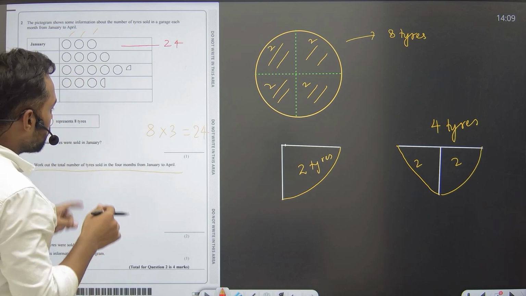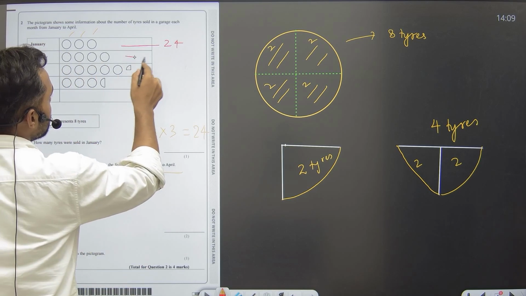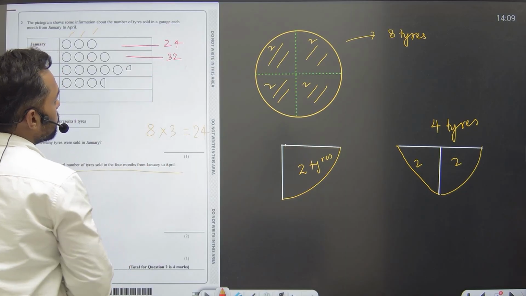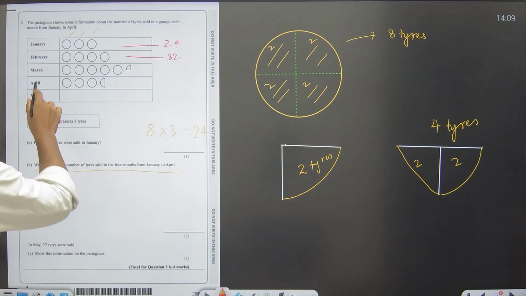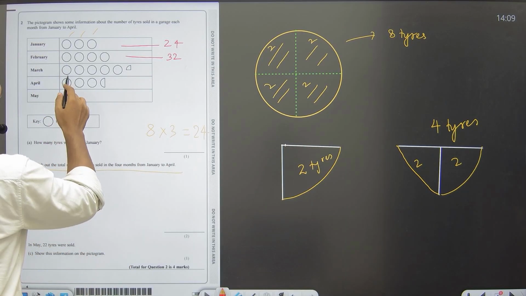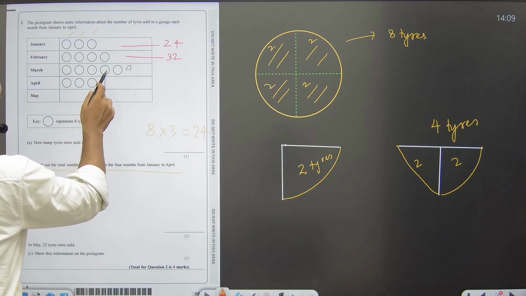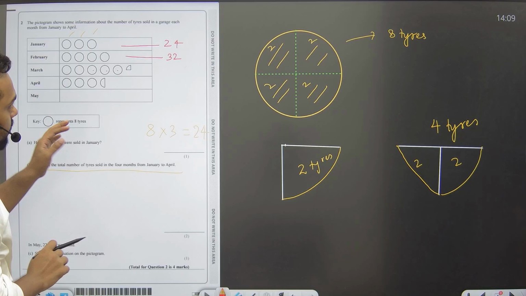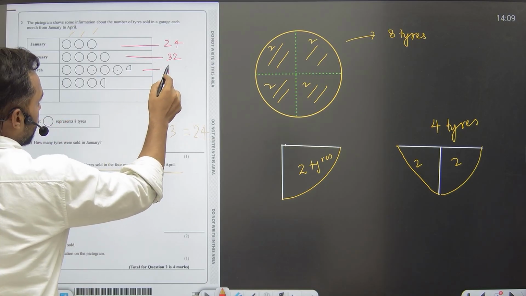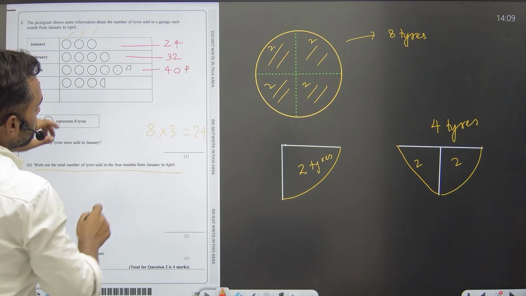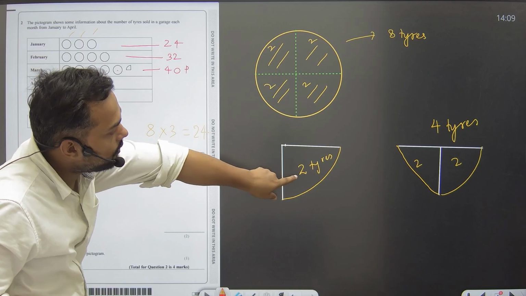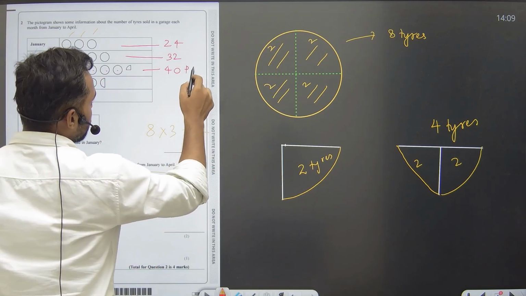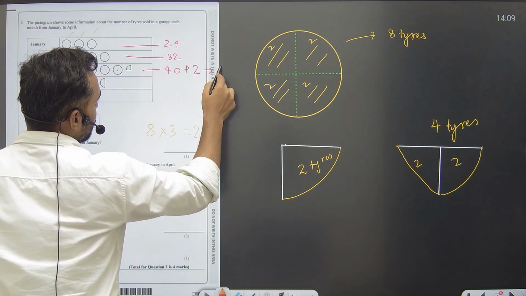So 4 cross 8 will be 32. In March, if students see how many circles are there, 1, 2, 3, 4, 5. 5 full circles are there. So 5 cross 8 will be 40, plus there is a quarter circle. The quarter circle was representing 2 tires. So 40 plus 2, that is equal to 42.